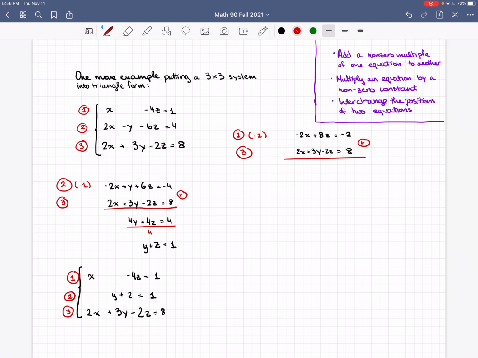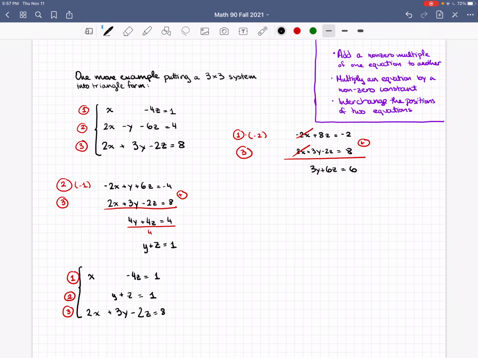and by design, the x's reduce off. Now, you can think of this first equation as having 0y as the y term. So the x's reduce off, and we're left with 3y plus 6z is equal to 6.